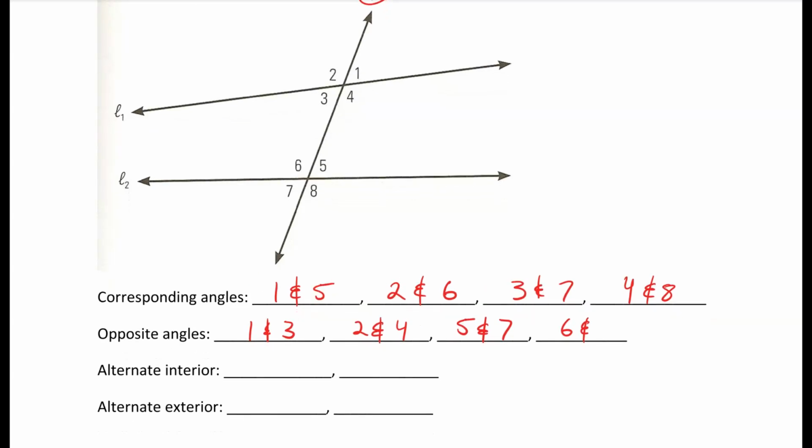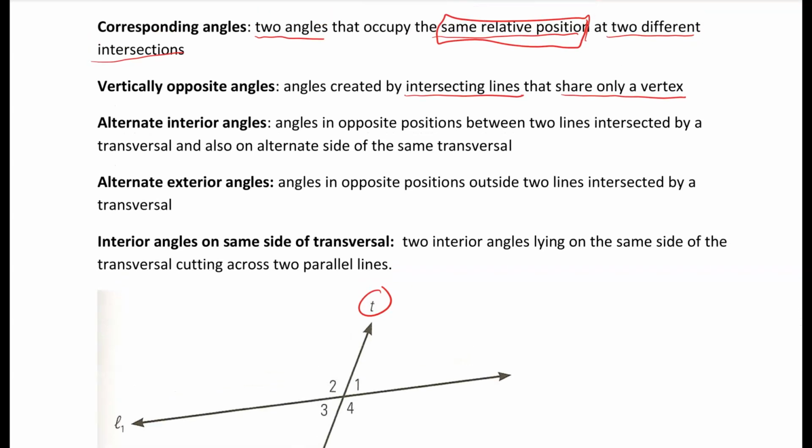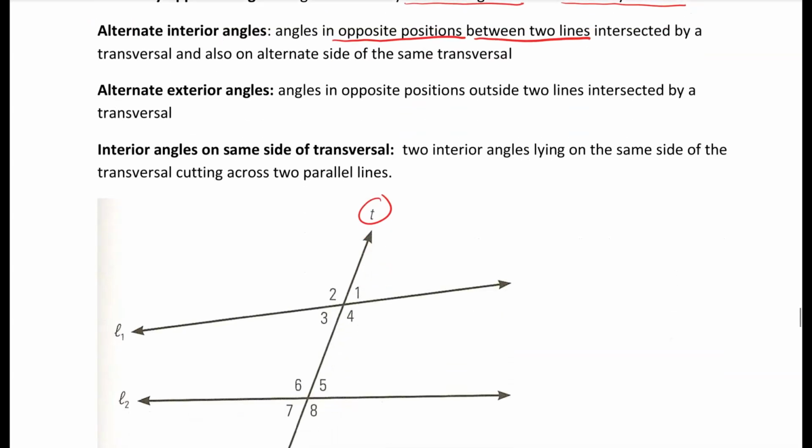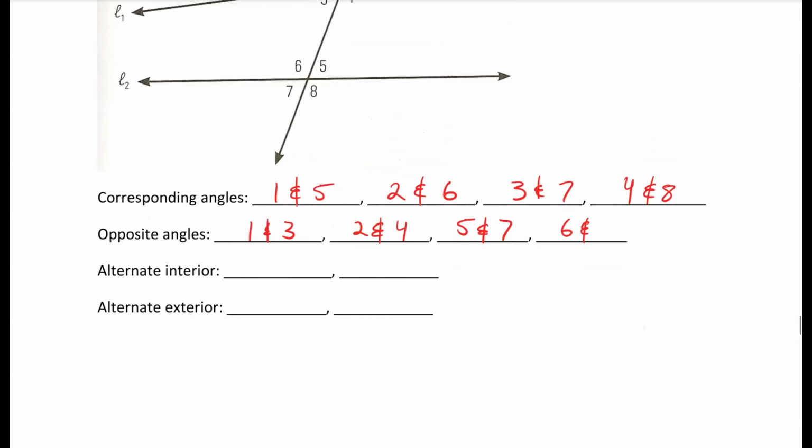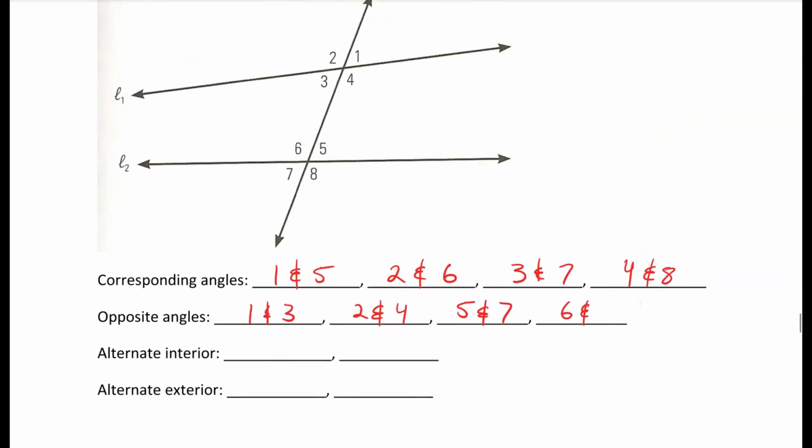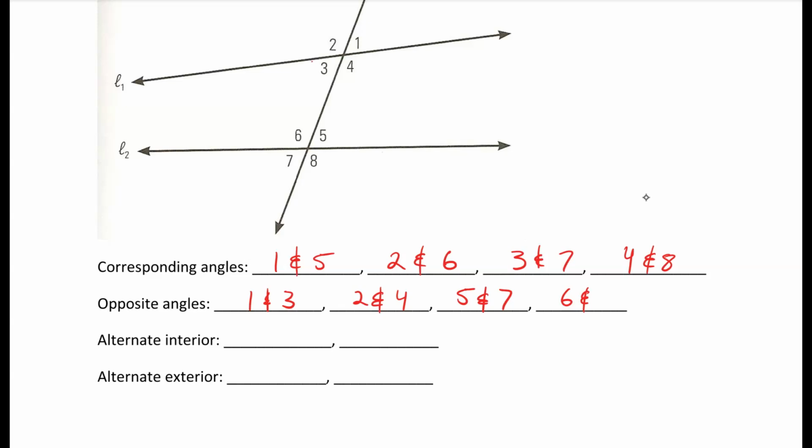Next thing that we're going to look at is the alternate interior angles. So the alternate interior angles are angles in opposite positions between two lines intersected by a transversal and also on alternate sides of the same transversal. So an alternate interior angle would be, for example, 3, so this angle up here, and 5.